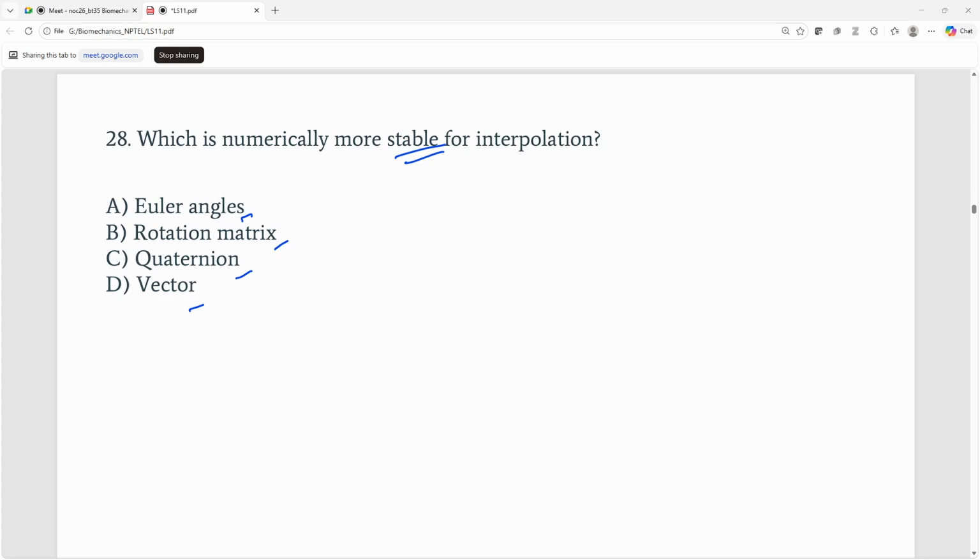Which is numerically more stable for interpolation? Options are option A, Euler angles, option B, rotation matrices, option C, quaternions, option D, vectors.